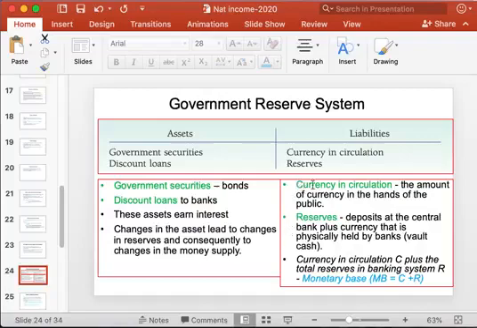And the total of the currency in circulation and reserve is called monetary base, which is represented by MB equal to C plus R.